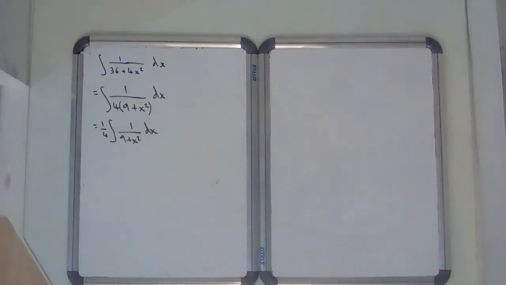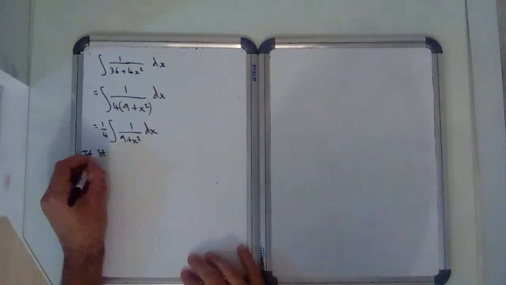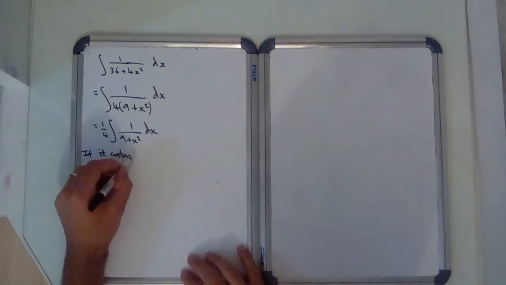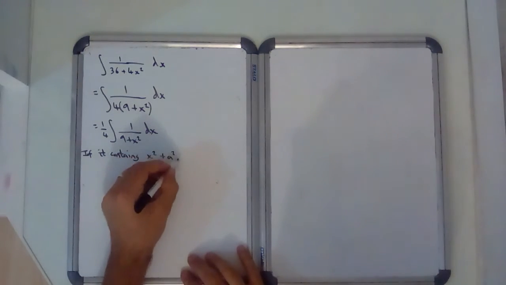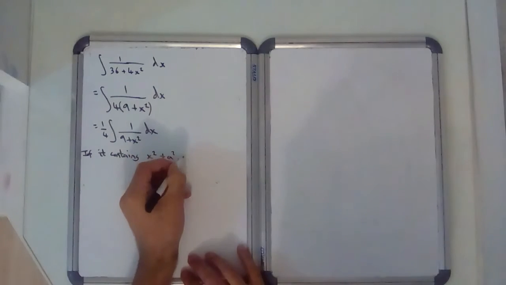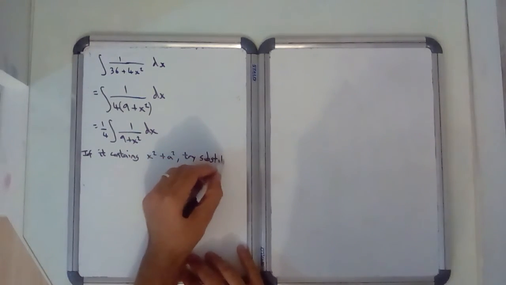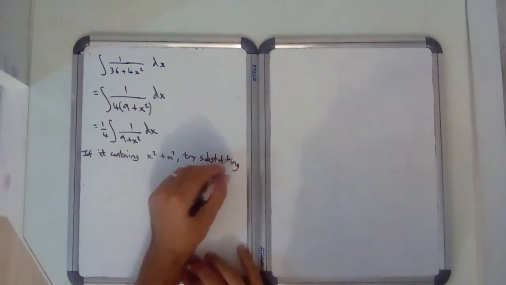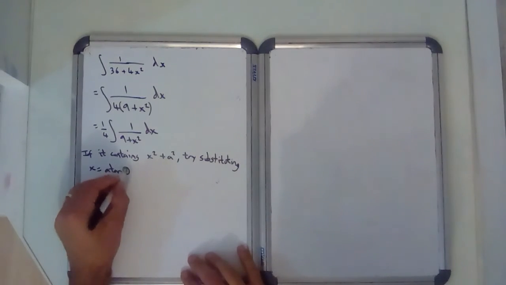Now, as far as the special substitution goes, if the thing you're trying to integrate contains x squared plus a squared, where a is just some number, you should try substituting x equals a tan theta.